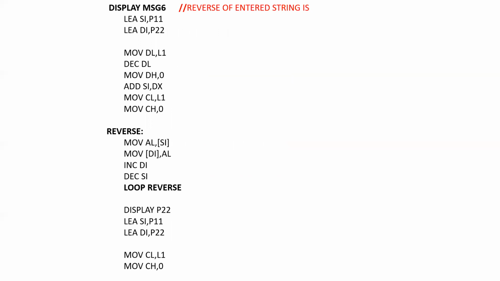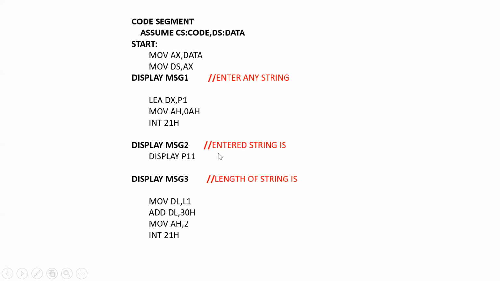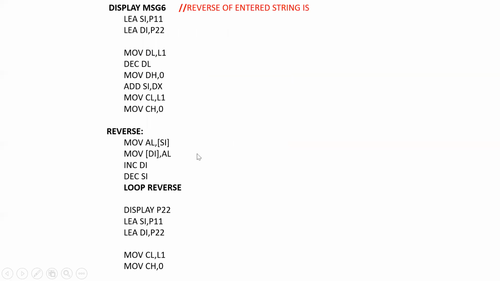Now moving further, you have to reverse the entered string. It is nothing but p11. Why p11? Because your whole entered string is in p11. You are going to access each and every character with the help of SI and DI, that is source index and destination index.